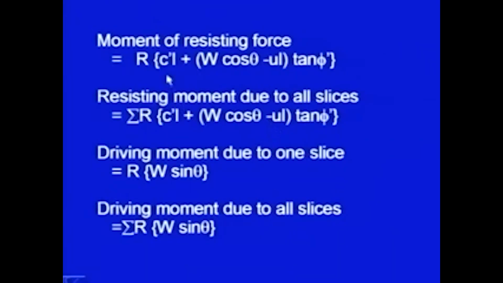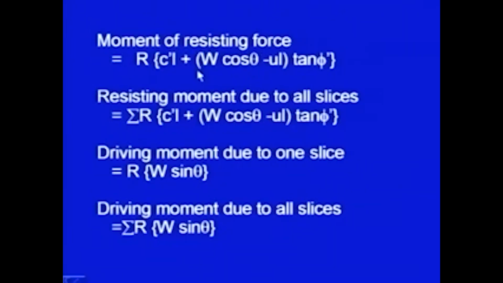Now, you can find out the moment of the resisting force. This force is the resisting force, c dash L plus W cos theta minus U, into tan phi dash. This force will be acting for every slice. We can calculate this force, it will depend on theta, and then you can find out the moment.